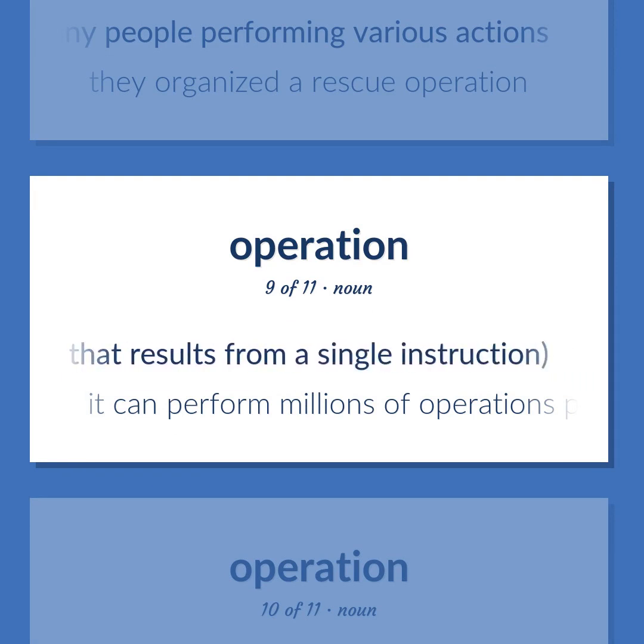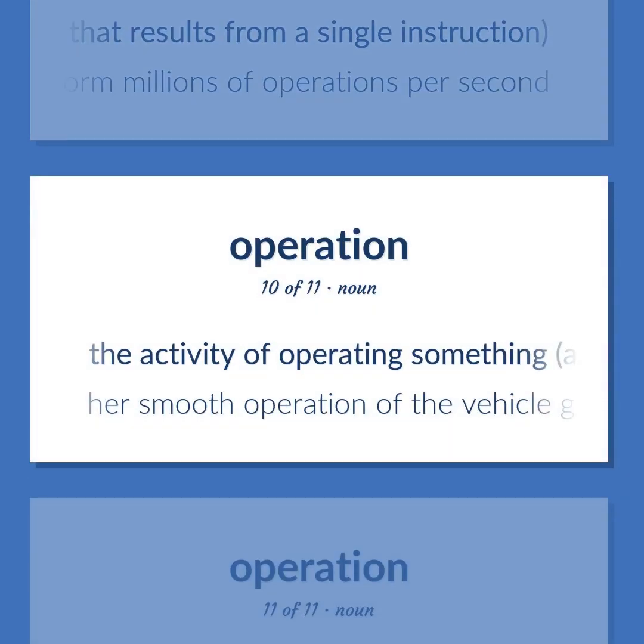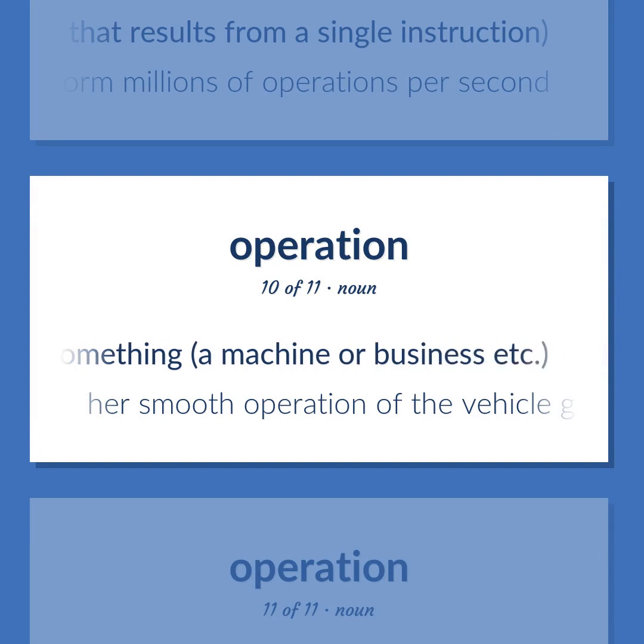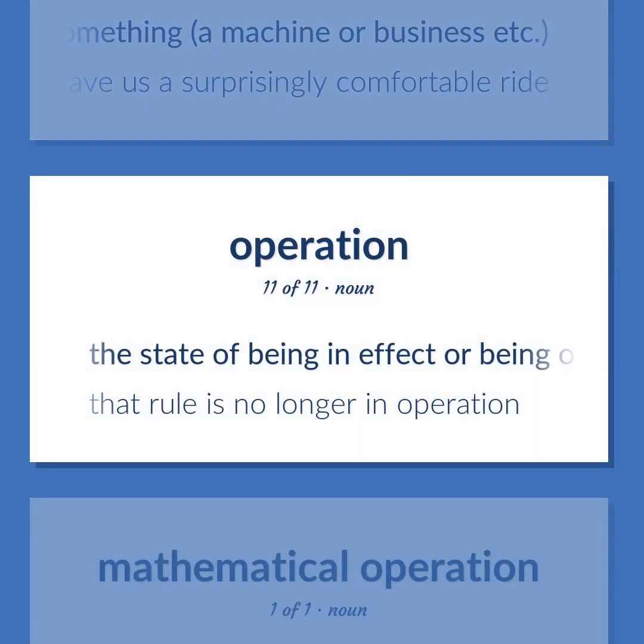It can perform millions of operations per second. The activity of operating something, a machine or business, etc. Her smooth operation of the vehicle gave us a surprisingly comfortable ride. The state of being in effect or being operative. That rule is no longer in operation.